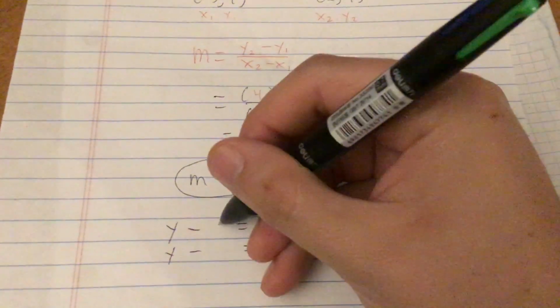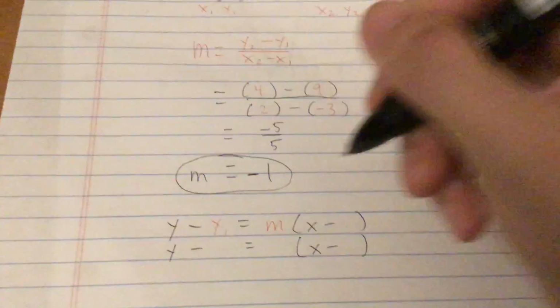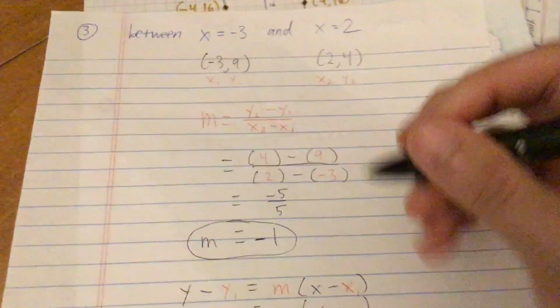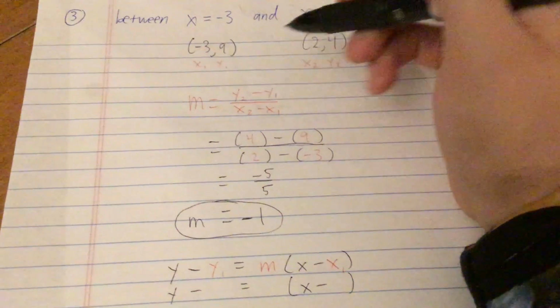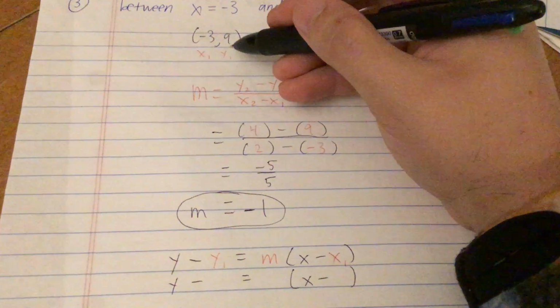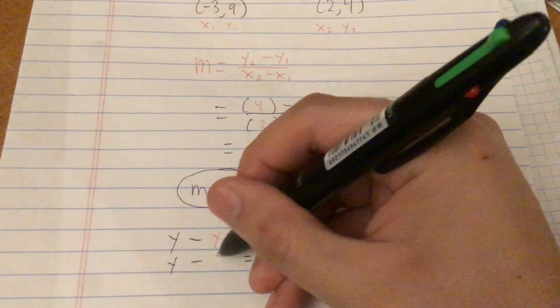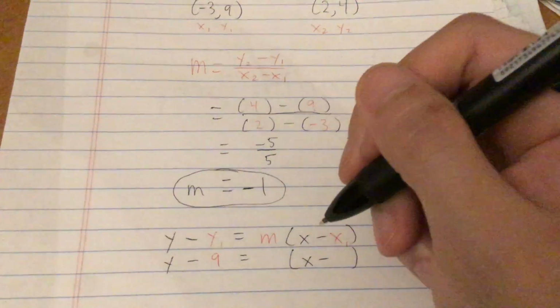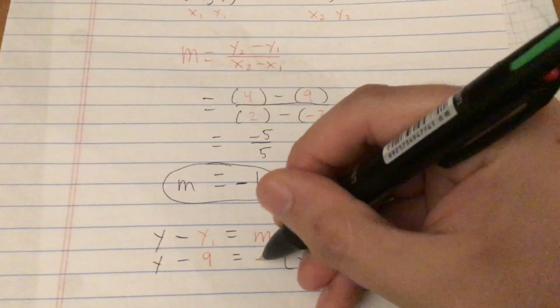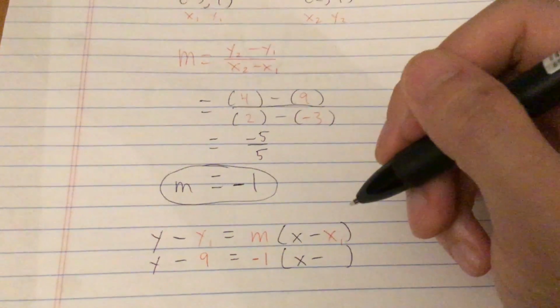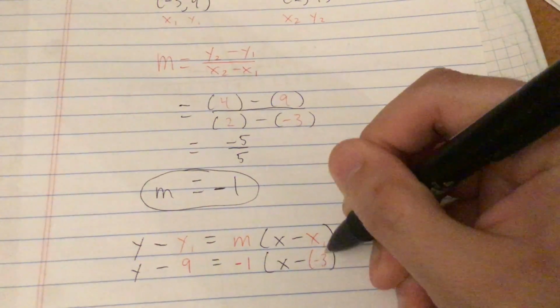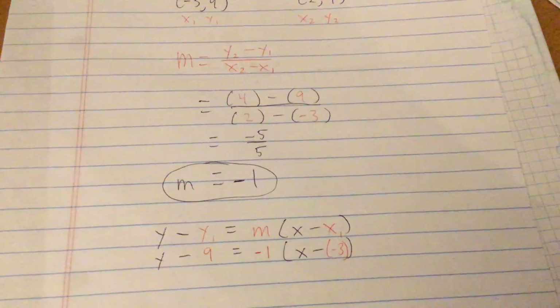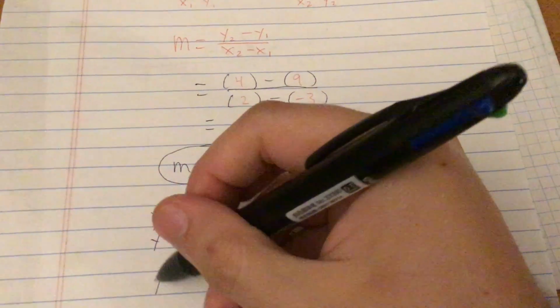So y minus y1 is equal to m times x minus x1. But let's say I pick negative 3 comma 9 this time. Well, if y1 is 9, that'd be y minus 9. So far, so good. And m is negative 1. Okay, not too bad. And x1 is negative 3. So y minus 9, no double negative there.